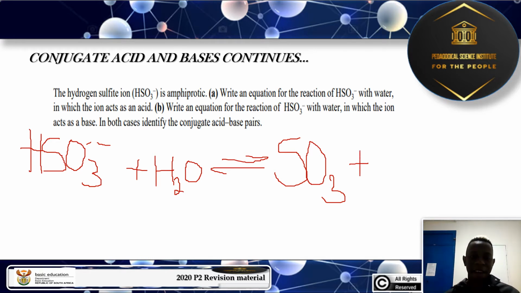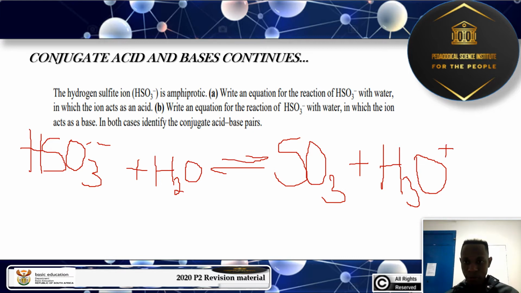Because this is an acid, the water automatically is a base. So here we are going to have H3O⁺. That is the first equation: HSO3⁻ plus H2O gives SO3²⁻, sulfate, plus H3O⁺.